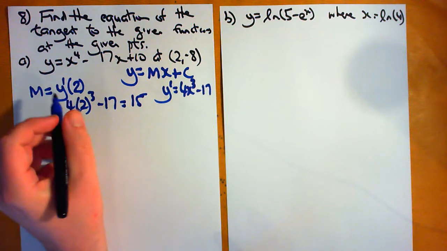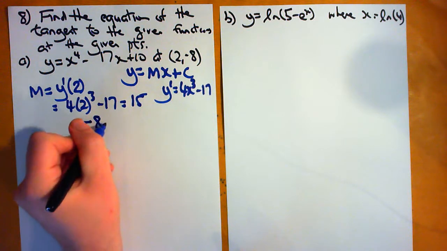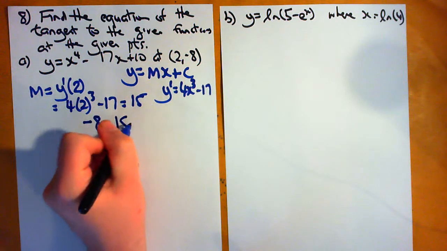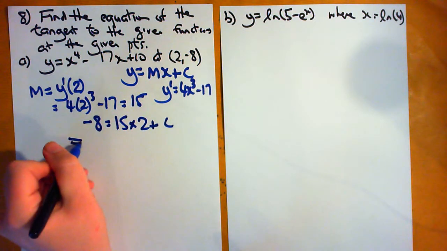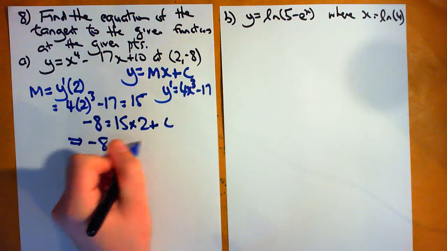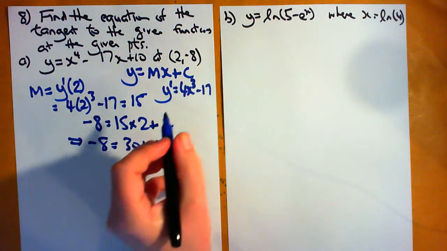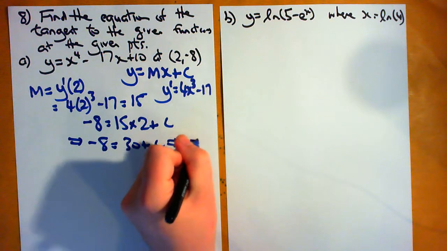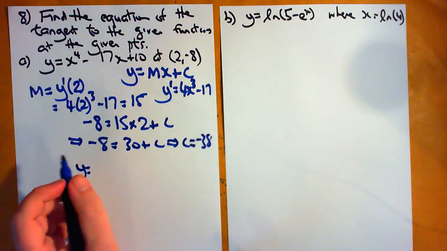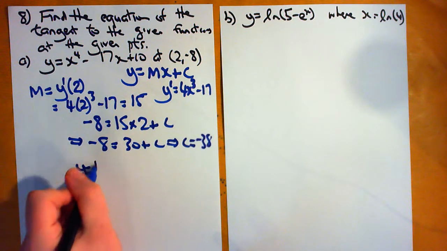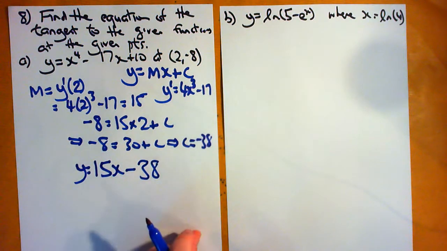Substituting into y equals mx plus c: negative 8 equals 15 times 2 plus c, so negative 8 equals 30 plus c, and therefore c equals negative 38. So the equation is y equals 15x minus 38.